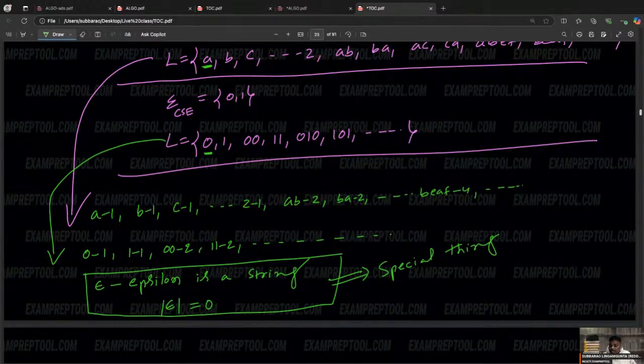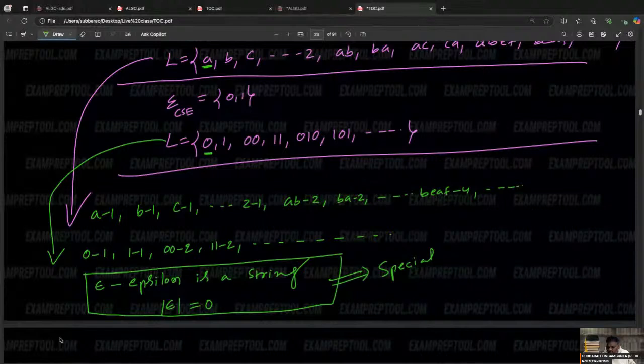Remember, it is a special string. But otherwise, how is zero length possible? It is something like there is one kid whose weight is 0. How is it possible? Some people are asking, sir, is he a ghost? Epsilon is a ghost, maybe. Otherwise, how can you say there is a kid whose weight is 0?